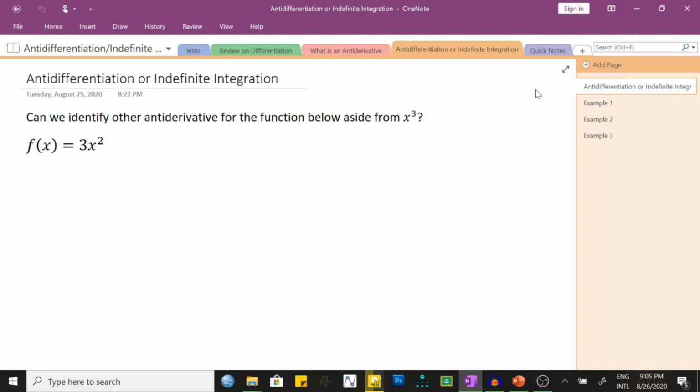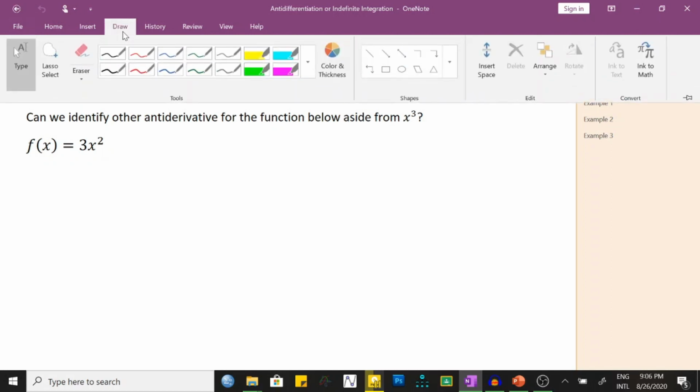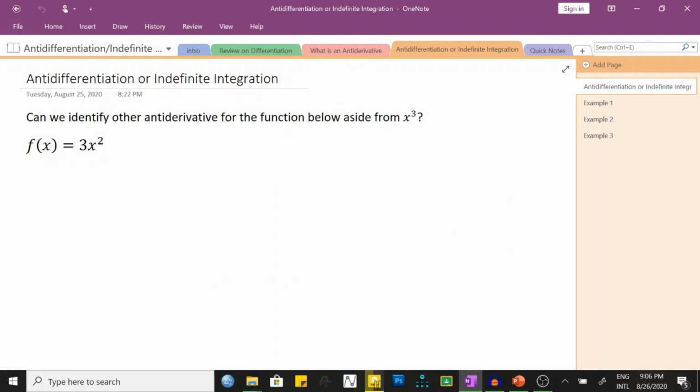Because we identified already earlier in this presentation that an antiderivative for 3x squared is x cubed. But can we identify other antiderivative? This question means that it is possible that an antiderivative for a particular function is more than 1.